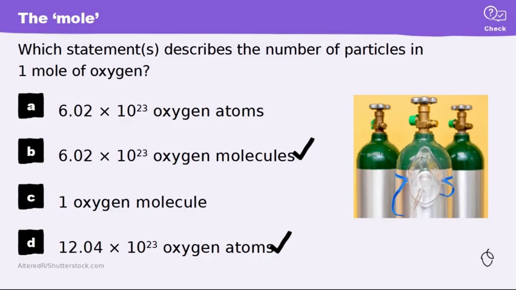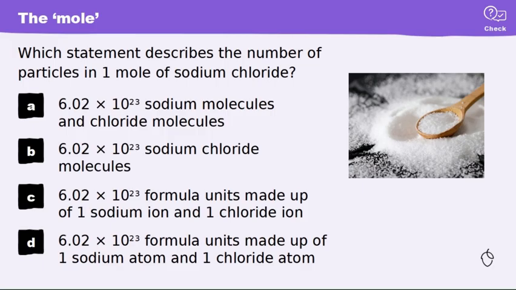It is made up of 2 oxygen atoms, so you effectively have 2 moles of oxygen atoms present. And which statement describes the number of particles in 1 mole of sodium chloride?